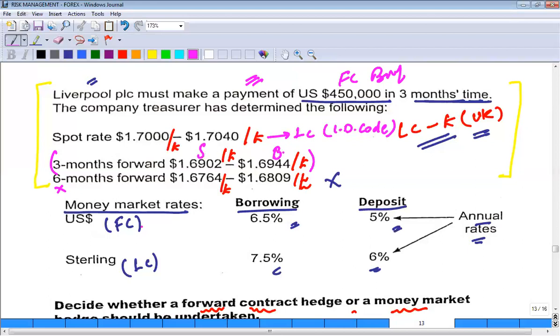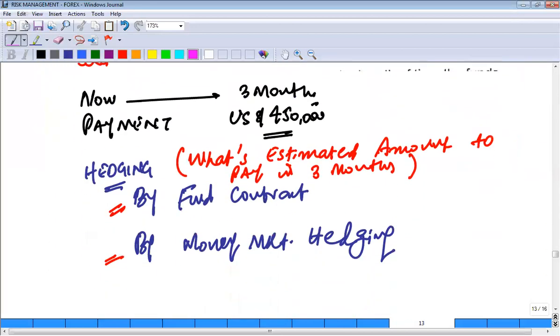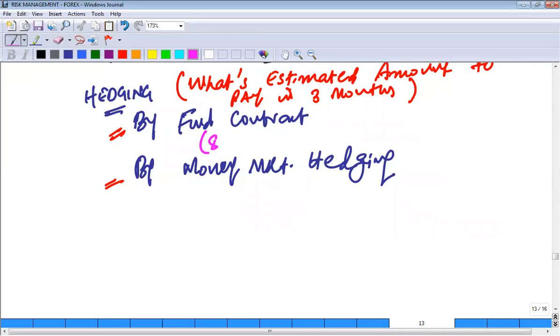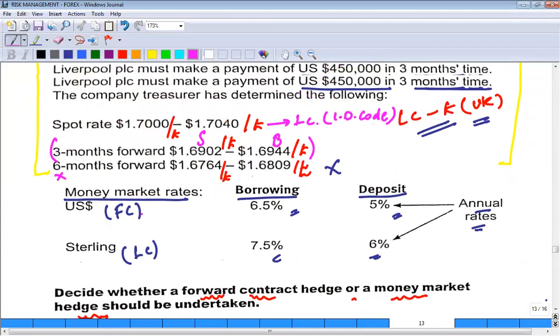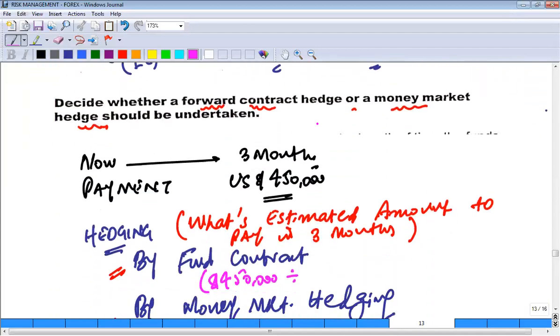So the relevant one is this. We need to buy, bank will sell. So relevant rate 1.6902. So dollar 4,50,000, indirect quote, divide 1.6902.